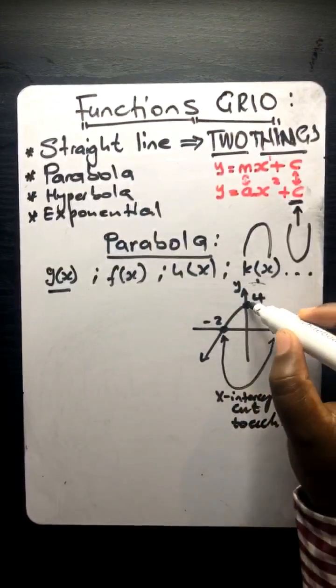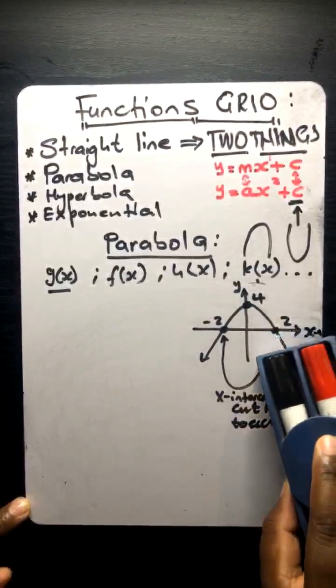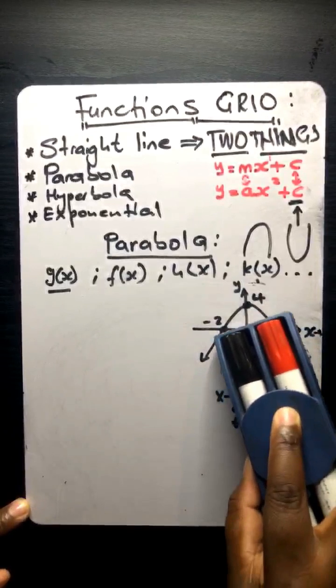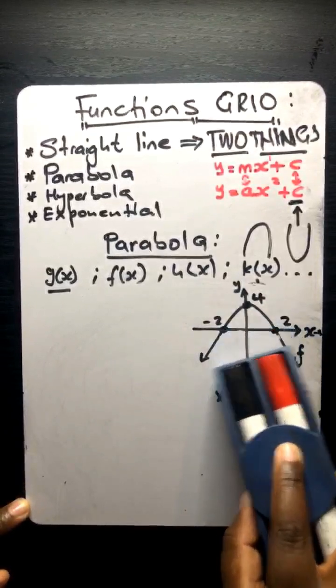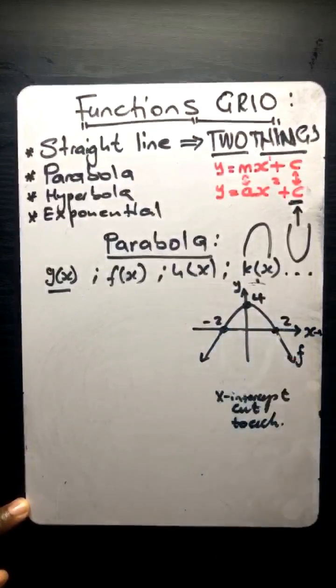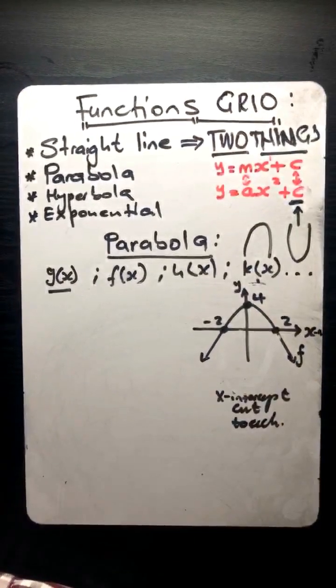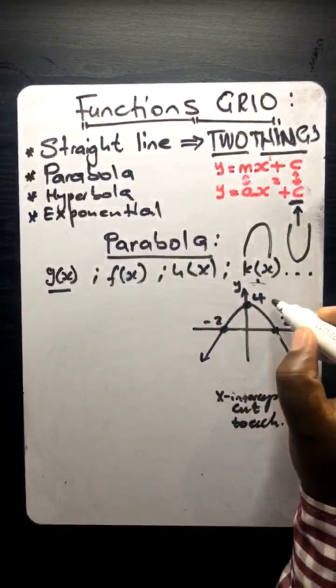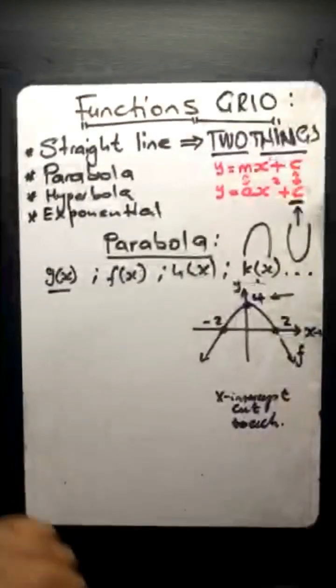What about this point? What do we call that point? I'm not sure if the honorable member said this is the y-intercept, but if that's what you said, you are 100% correct.